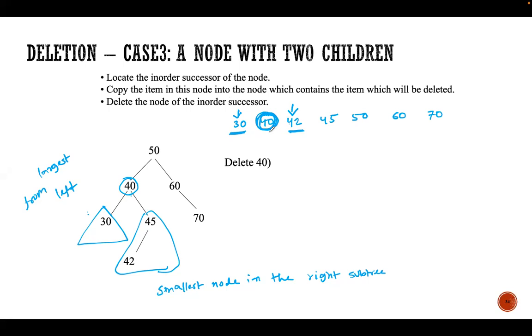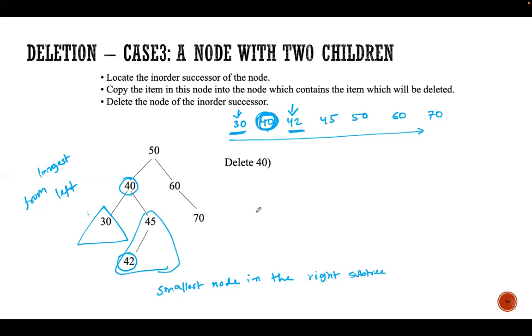So in the in order traversal, I can pick the next value of this node, or the previous value of this node. So either the in order successor or the in order predecessor. I can pick any one of them. Let's see an example by picking the in order successor, the smallest node in the right subtree, which is 42.